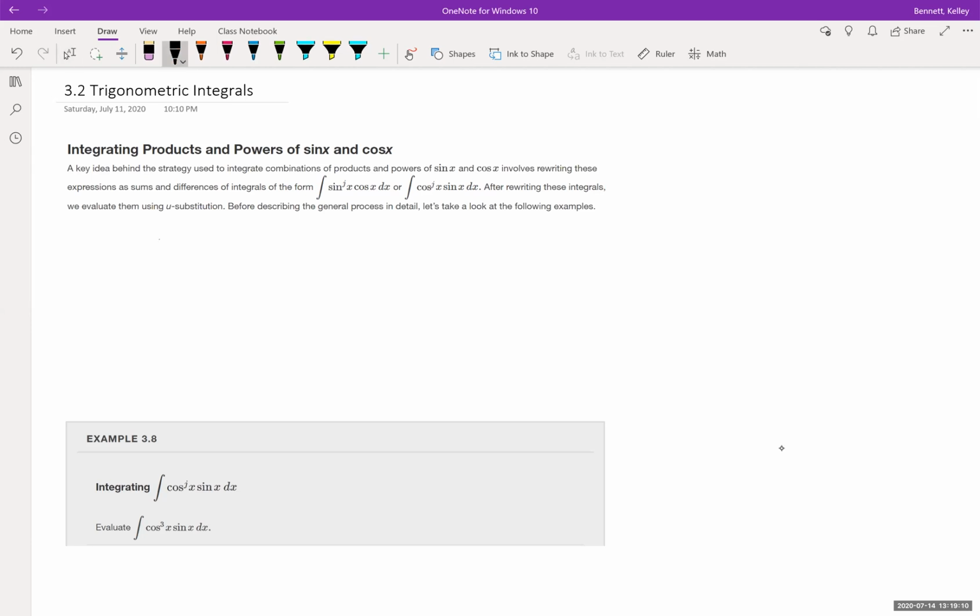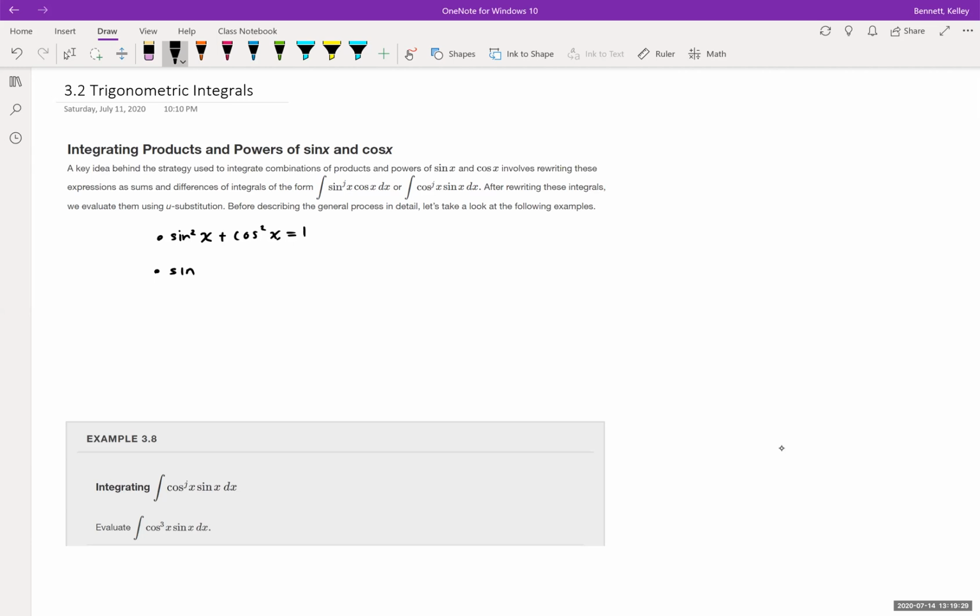The first one is one that you probably know very well: sine squared x plus cosine squared x equals 1. And then we also have the sum of angles.